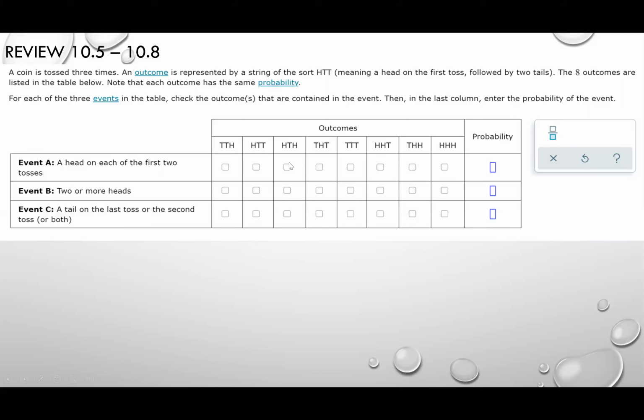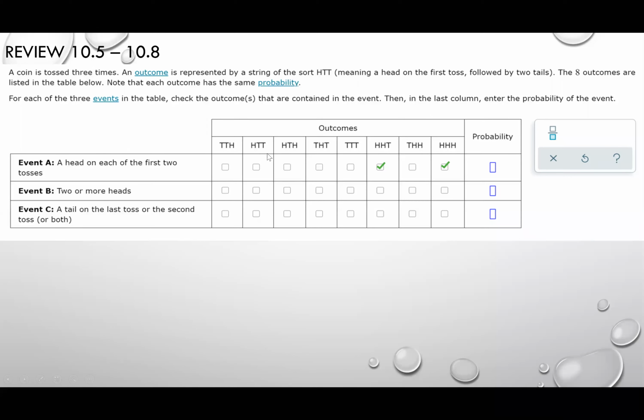If you read this, they ask you for event A, a head on the first two tosses. Everybody see that for the first two, this is a head, this is a head. Doesn't matter what the third one is, I don't care about the third one. The description I need is that the first two tosses have to be heads.